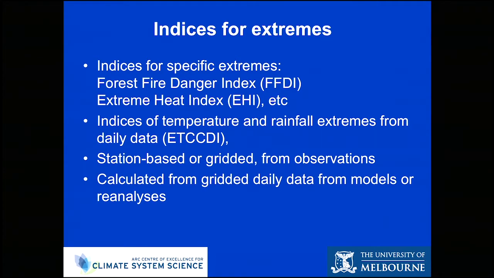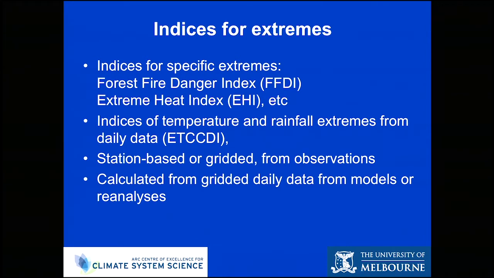It's a group established by the World Meteorological Organization Commission for Climatology and the World Climate Research Program's CLIVAR program, as a joint body. It's called the Expert Team on Climate Change Data and Indices now. It used to be the Expert Team on Climate Change Data Monitoring and Indices.